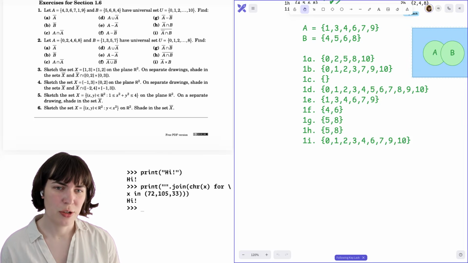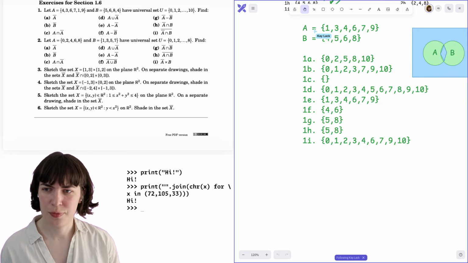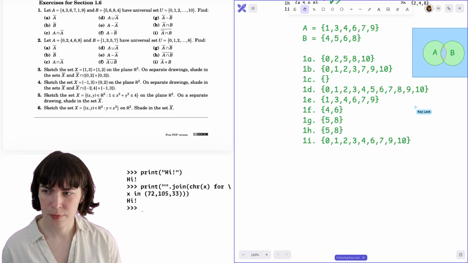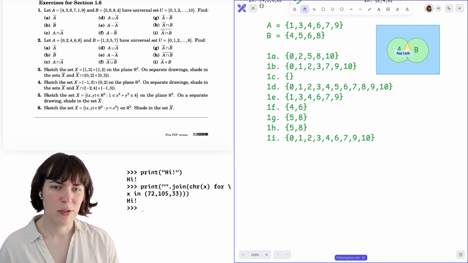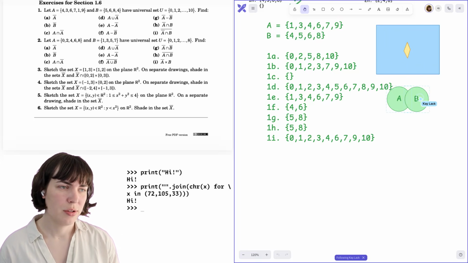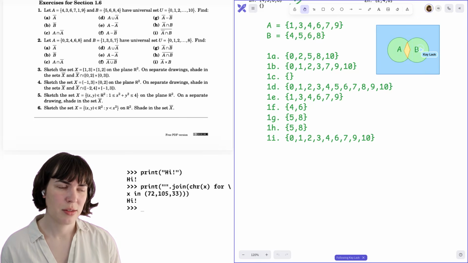Yeah, so if we took the intersection of them, we'd get this little shape here. Imagine this is round. We get that little shape there. And then if we took the complement of it, yeah, so this would be the answer to H.